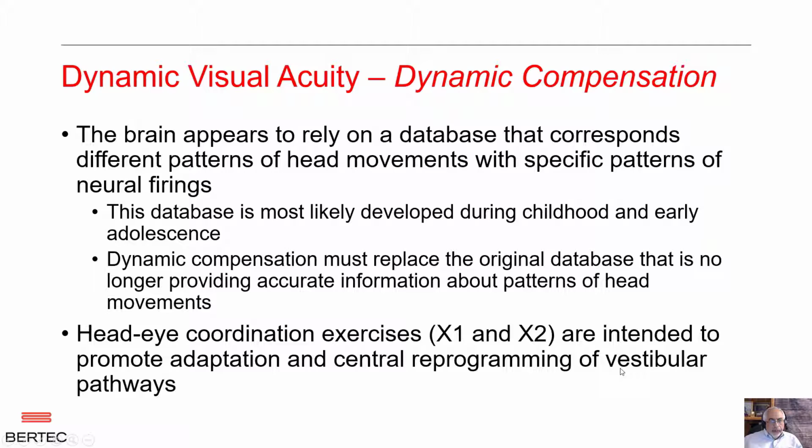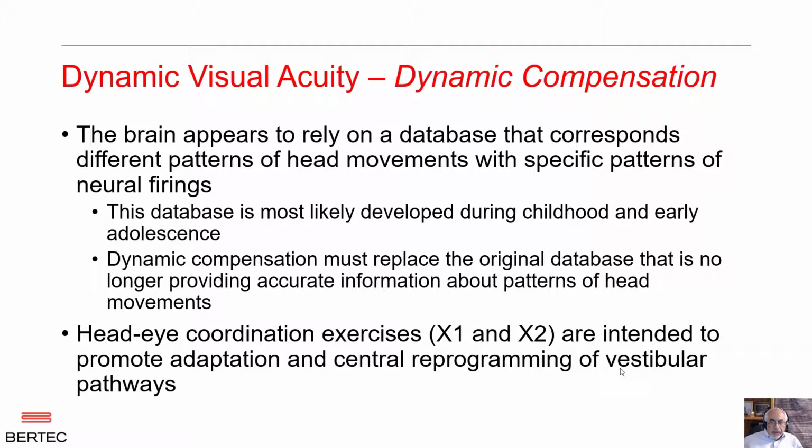I casually mentioned that when we move our heads, the brain associates the corresponding neural firing patterns with the specific pattern of head movements. But how? That's not something that we are born with. One hypothesis is the existence of a lookup table or database, that for every pattern of head movement, we have a corresponding neural firing pattern.